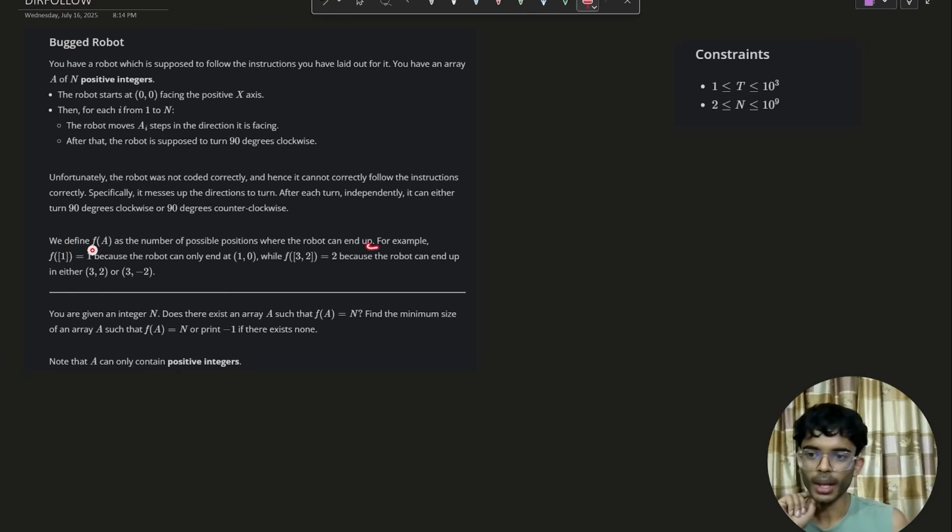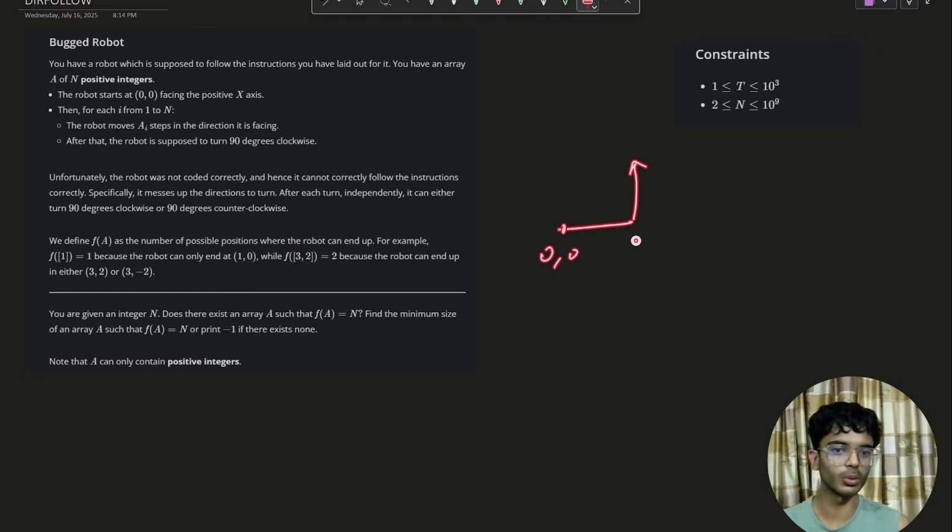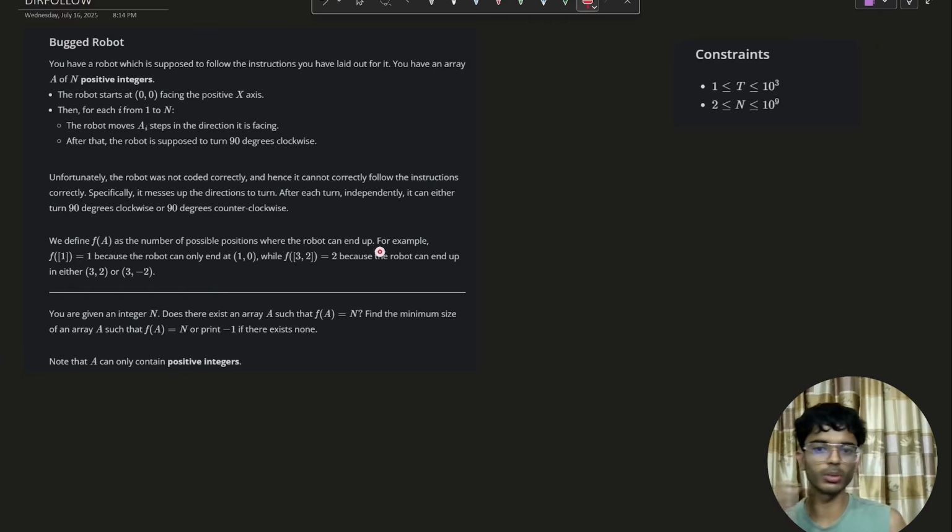For example, f(1) is equal to 1 because the robot can only end at (1, 0). While f(3, 2) is equal to 2 because initially the robot will move 3 steps in this direction, but in its second move it can go either this way or this way, right? So ultimately the robot can end up in two positions, which are (3, 2) or (3, -2).